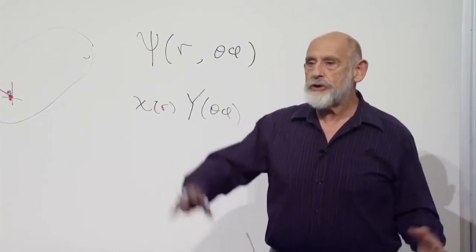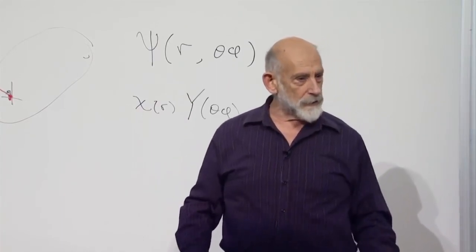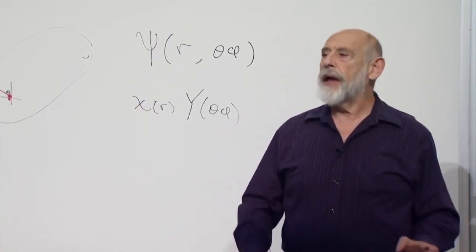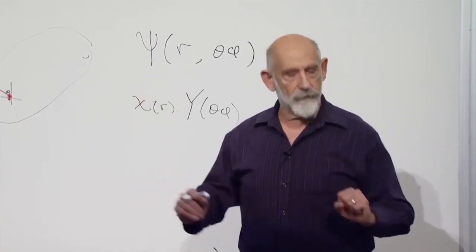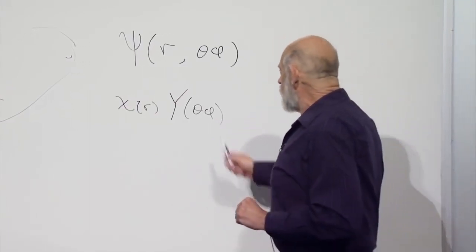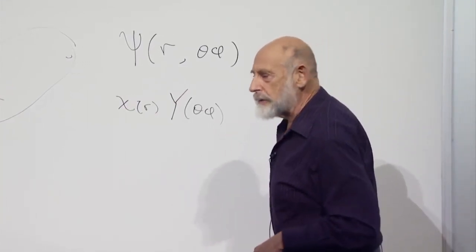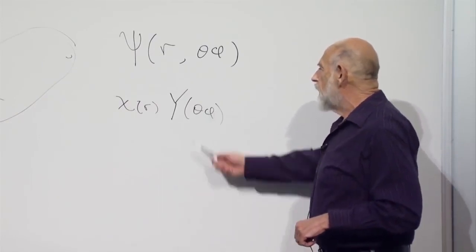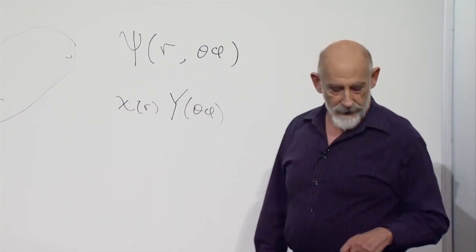They're the things which change when you rotate the configuration, and angular momentum has to do with rotating configurations. So when we talked about angular momentum eigenstates, we were really talking about these functions of theta and phi.